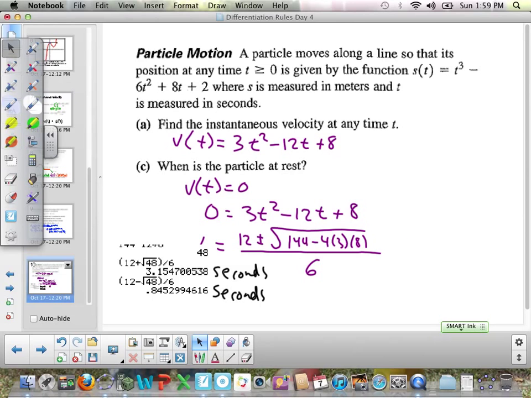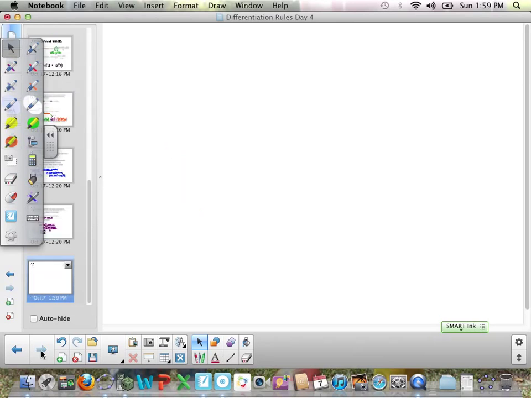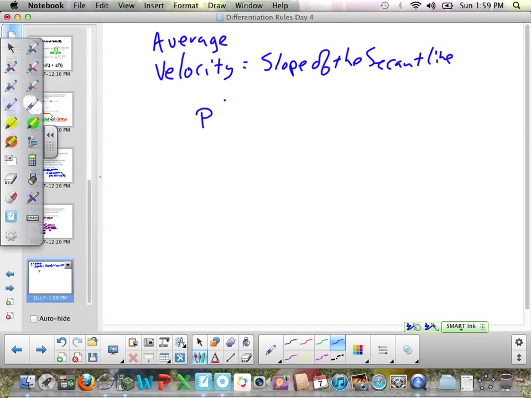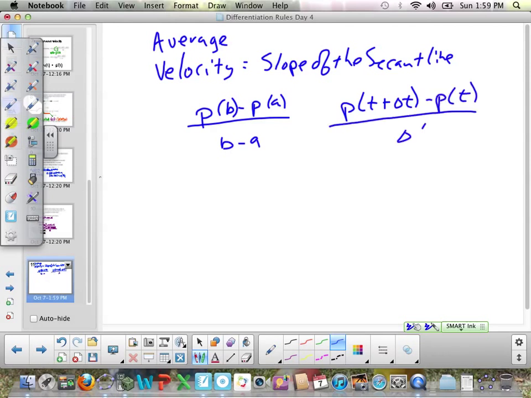So in review, velocity, average velocity more specifically, is the slope of the secant line. That'll find your average velocity between two points: P of b minus P of a over b minus a. Or, if you want to go with time plus delta time, P of t plus delta t minus P of t, all over delta t.